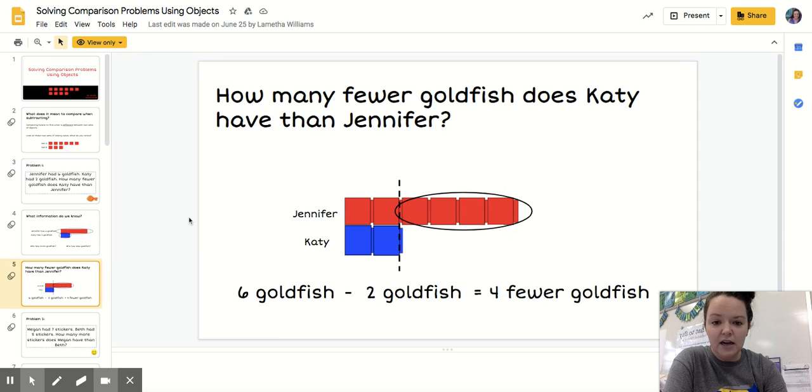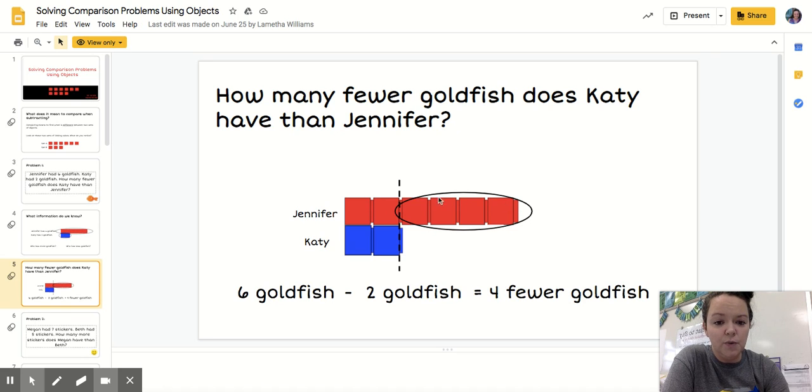Now the next slide put both of the groups side by side so we can really see closely how they compare to each other. They drew a line right down this spot because we see that there's 2 here and there's 2 here. This line shows us where the cubes are the same. Top has 2, bottom has 2.